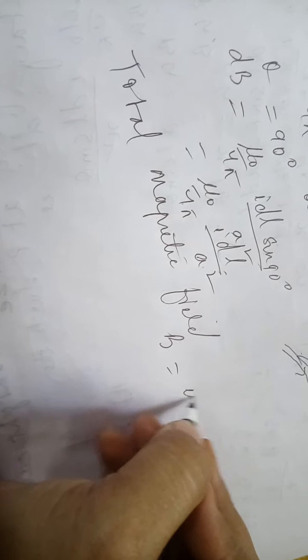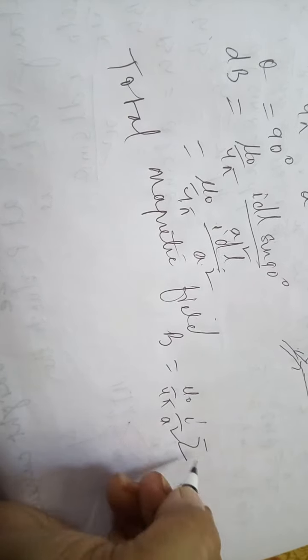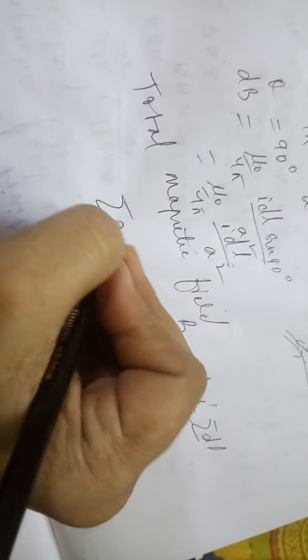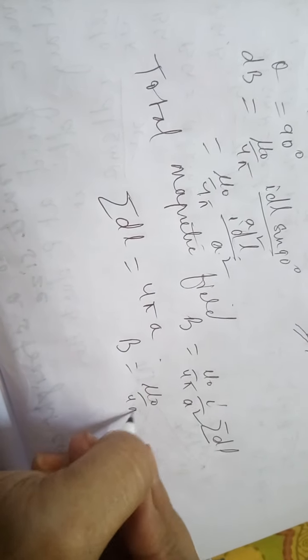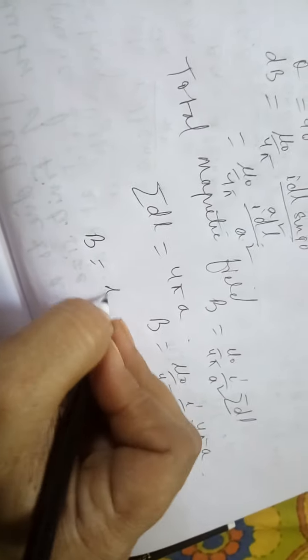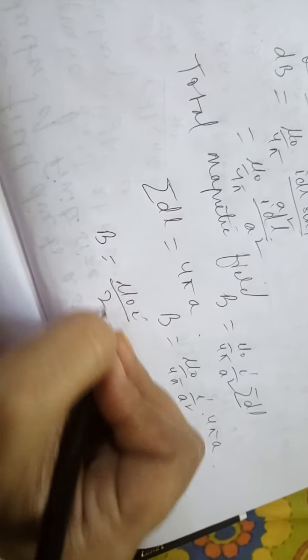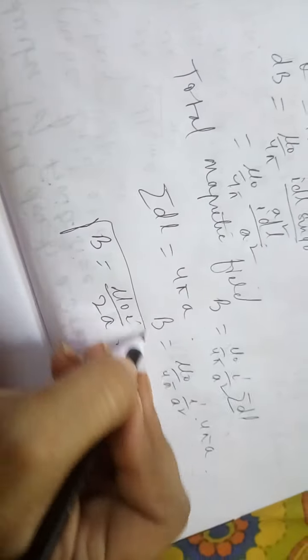So it is μ0 by 4π I by a², and this is sigma of dl, and sigma of dl gives 2πa. So B equals μ0 by 4π I by a² times 2πa. So ultimately we are getting B equals μ0 I by 2a. So this is the formula.